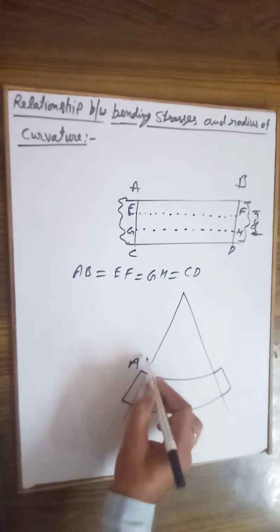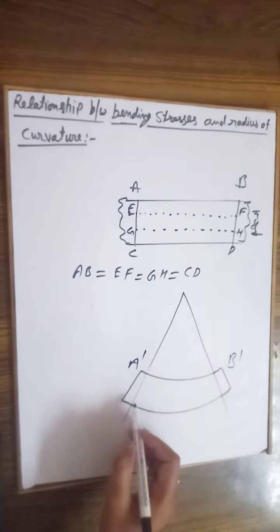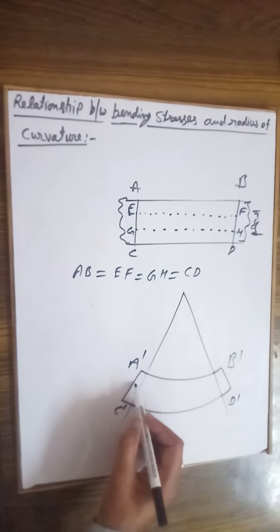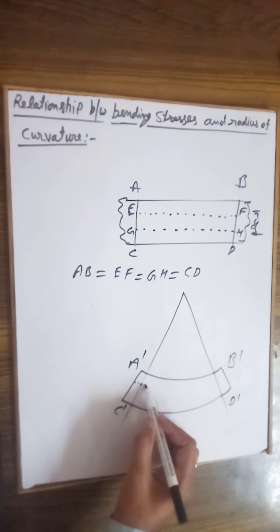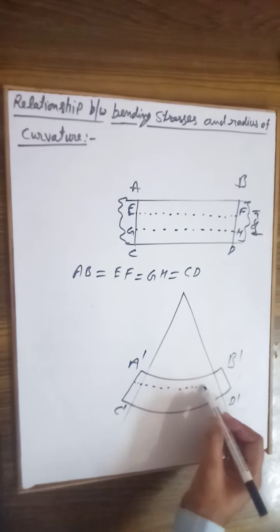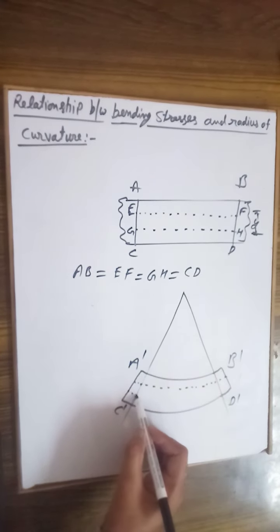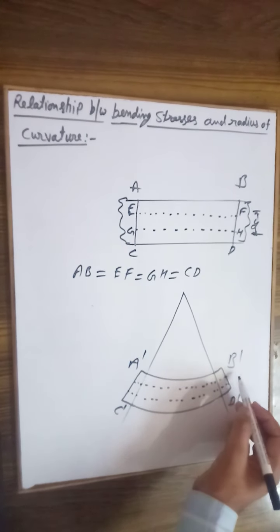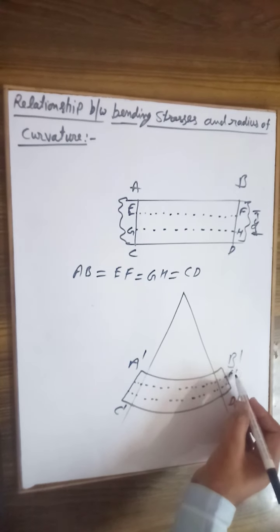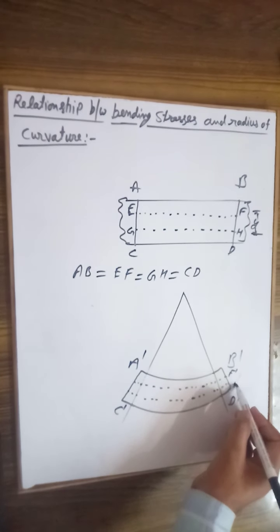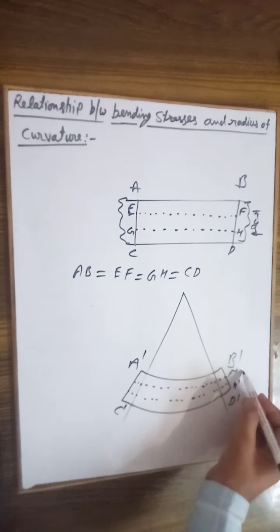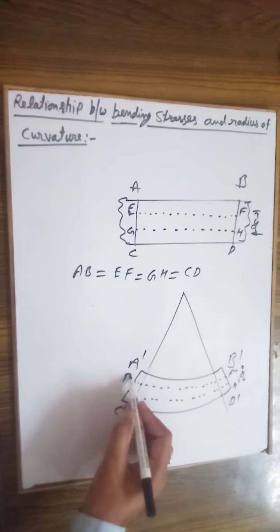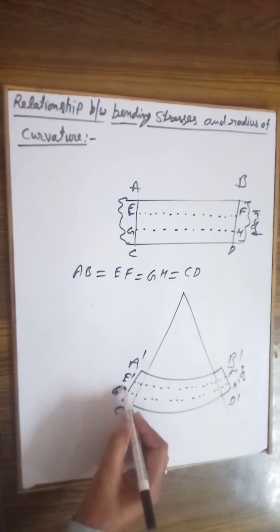So this was now A dash, it is our F dash, H dash, and the distance is y in between this. So here it is E dash and G dash.